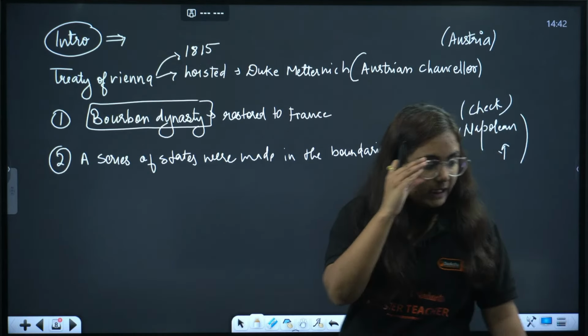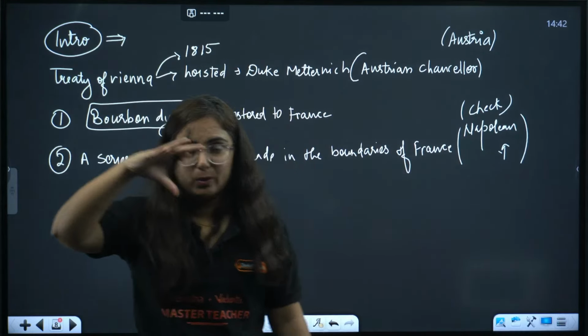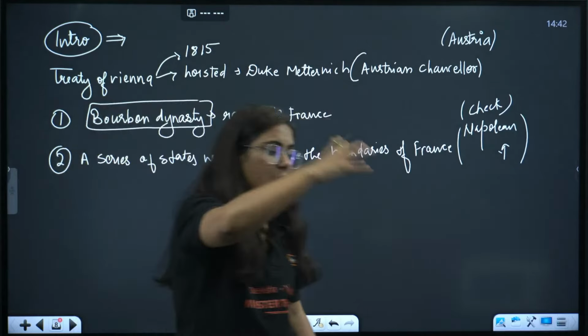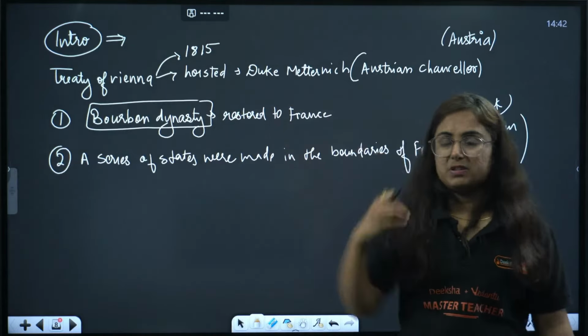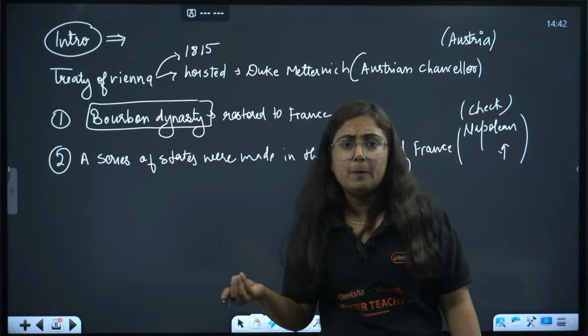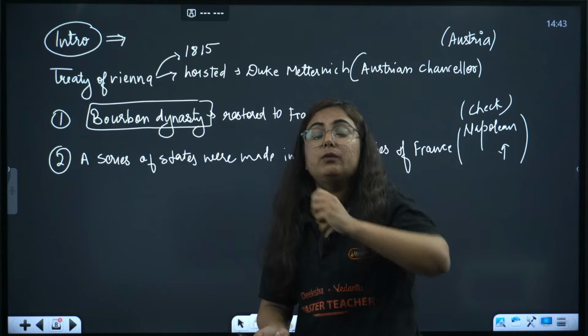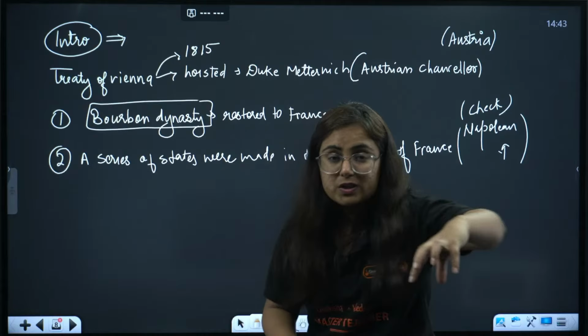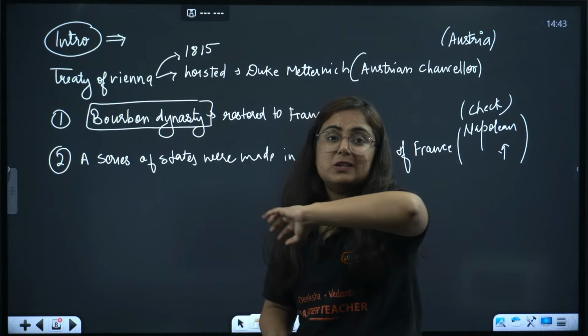How? Belgium was given to the Netherlands, right? Genoa was given to Sardinia, Piedmont. Some of the territories were given to Austria, some of the territories were given to Russia. So basically they wanted to create a manner in which France is bordered by the conservative regime, right?